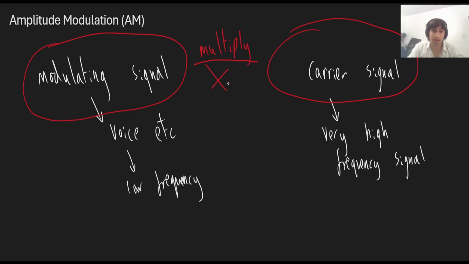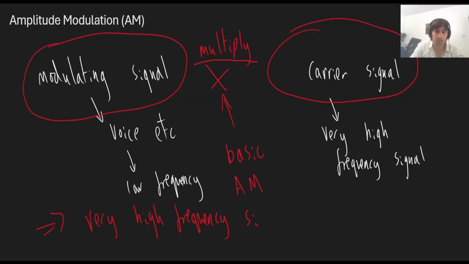However, in the most basic form, basic AM, we are just multiplying the modulating signal with the carrier signal. And that results in a very high frequency signal with our voice embedded inside.